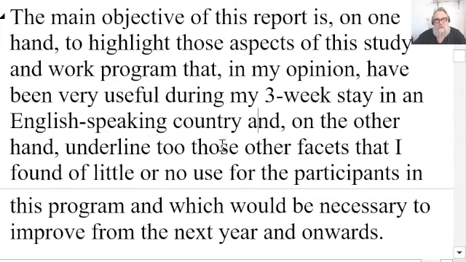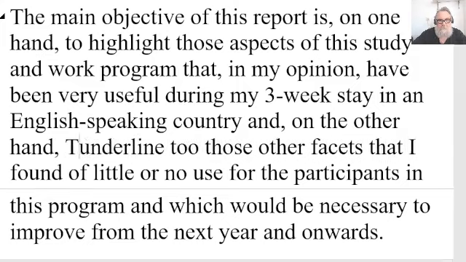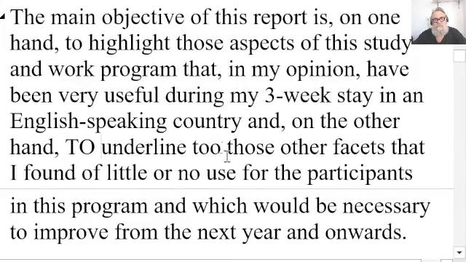And on the other hand, to underline those other facets that I found of little or no use for the participants in this program, and which would be necessary to improve from the next year and onwards.